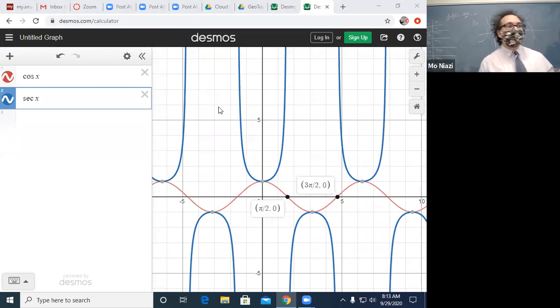Yep. So in calculus, you'll learn about a concept called limits. I won't go into it today, but truly when I say 1 over 0, it cannot equal anything. But the limit as this angle approaches pi over 2 ends up equaling positive infinity.